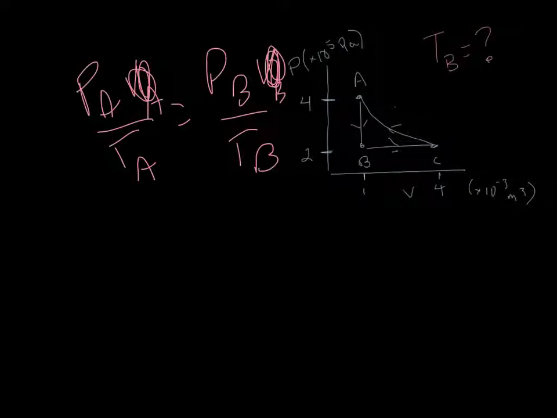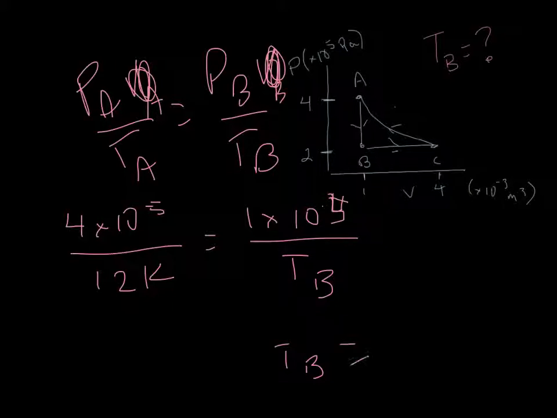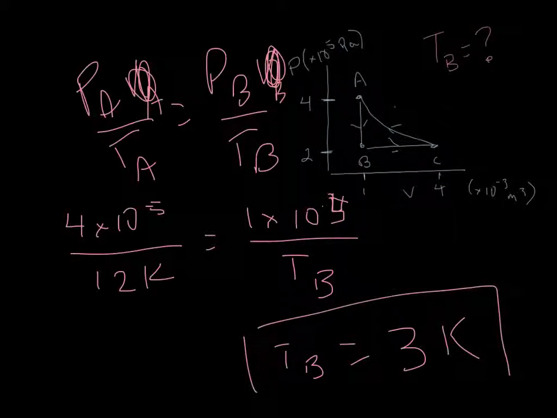So the pressure at A is 4 times 10 to the positive 5th, divided by T_A, which was 12 K. That's equal to 1 times 10 to the positive 5, divided by T_B. So therefore T_B, I have 4 over 12, which is the same as 1 over 3. So T_B is 3 Kelvin. Boy, I picked awful low numbers for this.